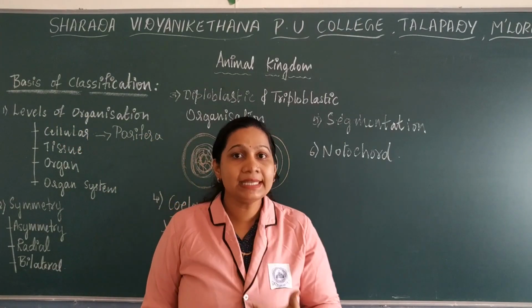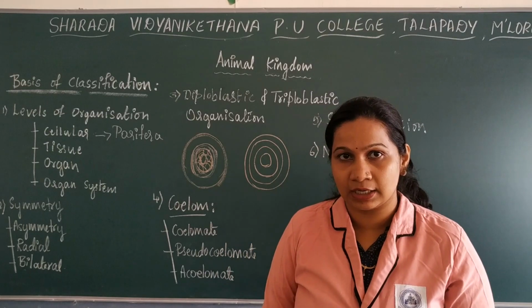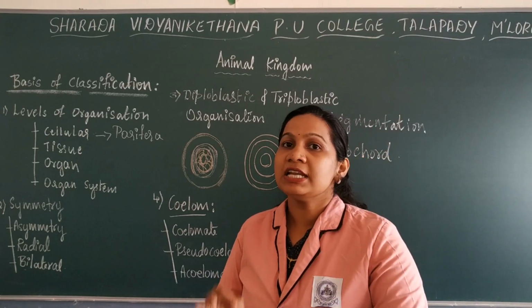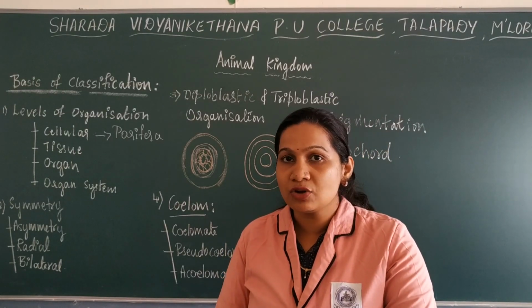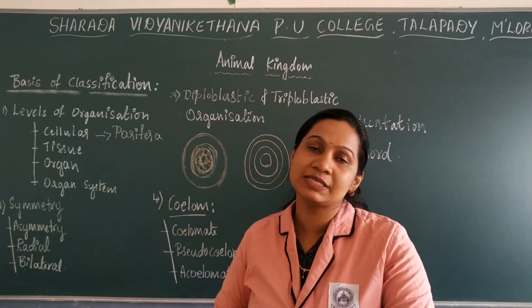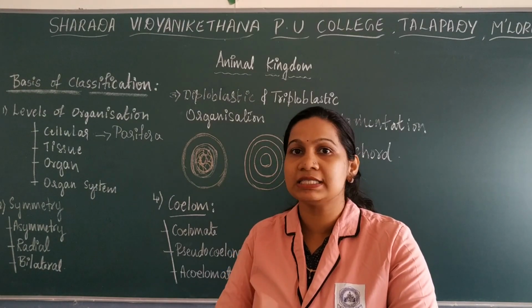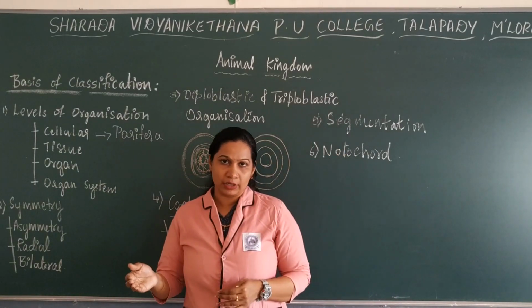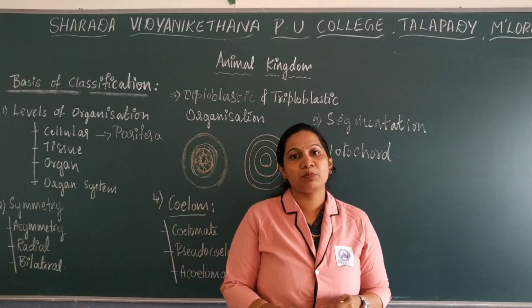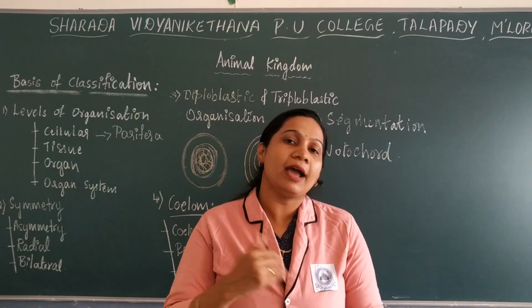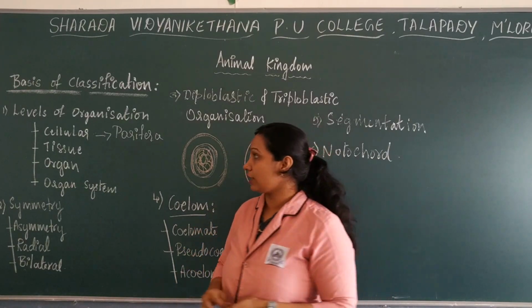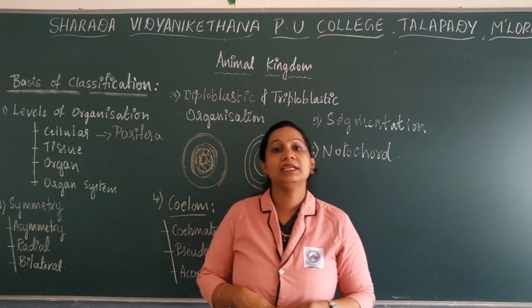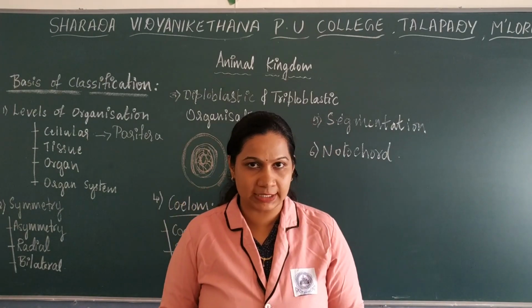How is the organism organized? Each and every organism consists of a simple unit of its body, which is nothing but a cell. When we consider unicellular organisms, they are made up of a single cell. And regarding multicellular organisms, their body is made up of a group of cells, right?